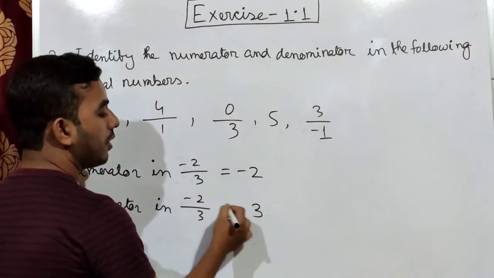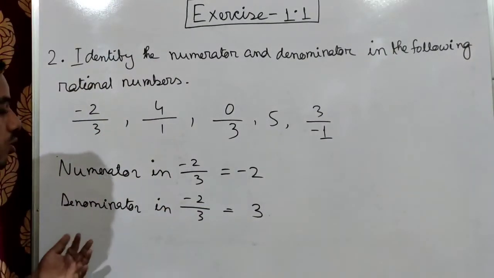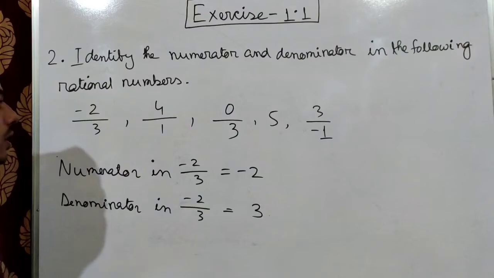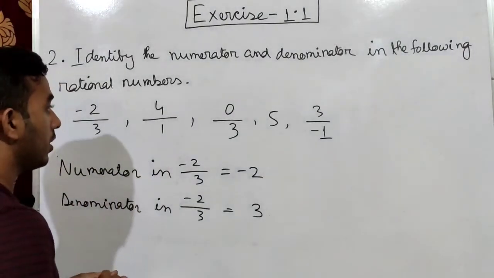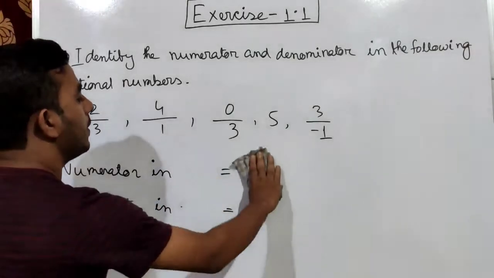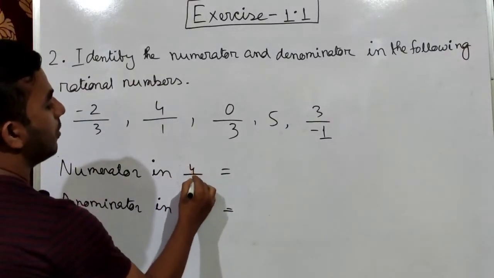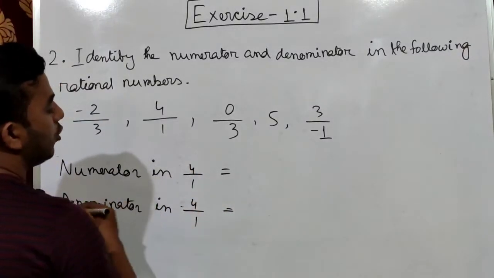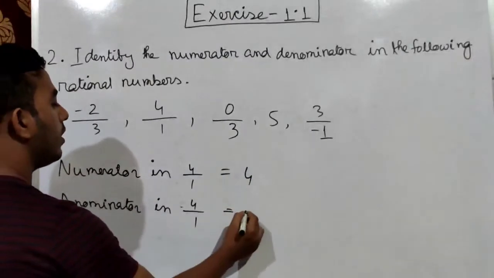It is 3. So the numerator in minus 2 by 3 is minus 2, and the denominator is 3. Next one is 4 by 1. Here the numerator will be 4 and the denominator will be 1. Clear? Numerator in 4 by 1 is 4, denominator in 4 by 1 is 1.